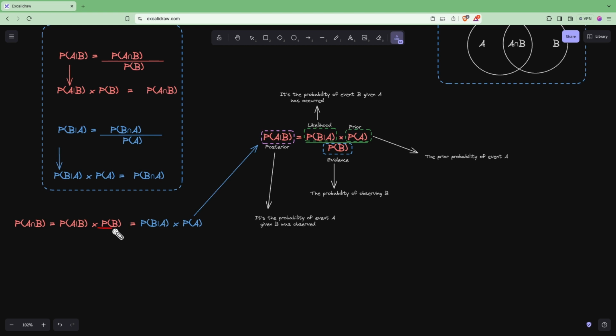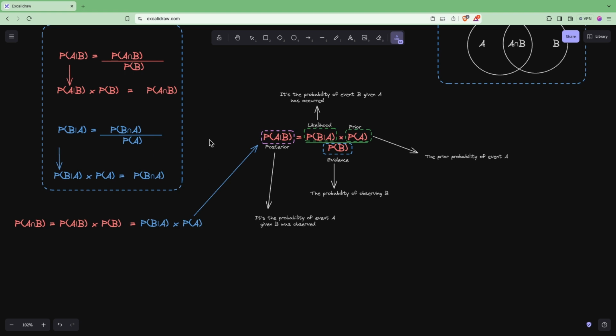We will simply move this to the other side. It is in multiplication, and after the equal sign it will be division by P of B. If you could see that P of B, this is nothing but the manipulation. After the manipulation we got the Bayes theorem. It is nothing but the manipulation of conditional probability of two events.